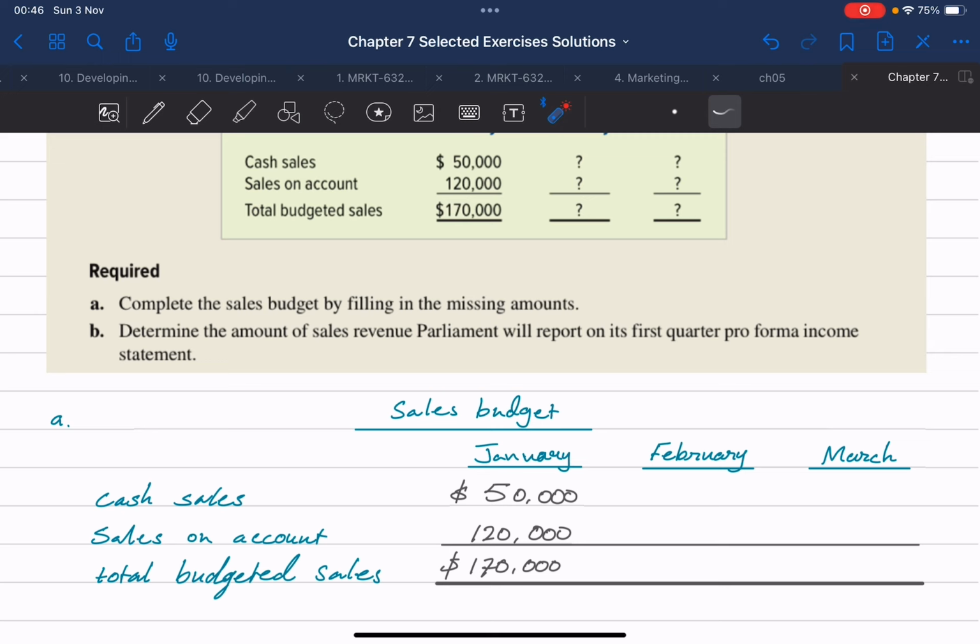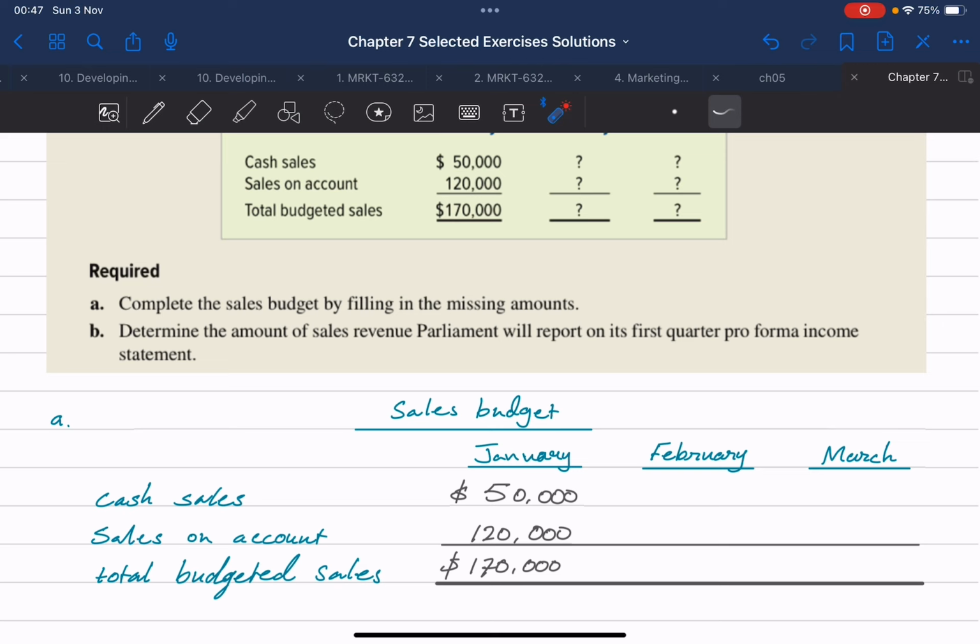Starting with the cash sales in January, we can use our calculators and say 50,000 multiplied by 1.1, 1 being the 100%, 0.1 being the extra 10%. Many students would multiply 50,000 by 0.1, take that extra 5,000, and then add it to 50,000.